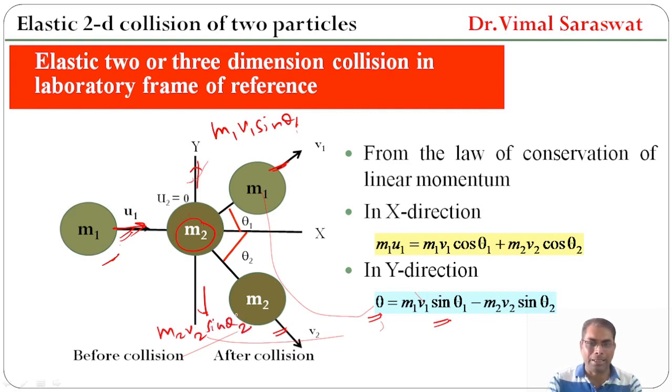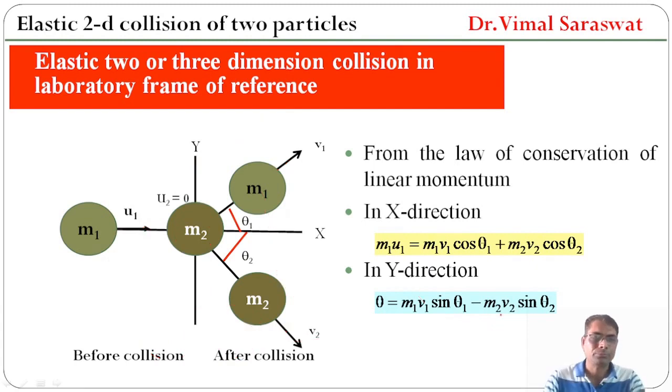Now we take the linear momentum of both bodies either along positive y or along negative y. If we transfer it to the positive y direction, this will be minus m2 v2 sin θ2. So 0 equals m1 v1 sin θ1 minus m2 v2 sin θ2.